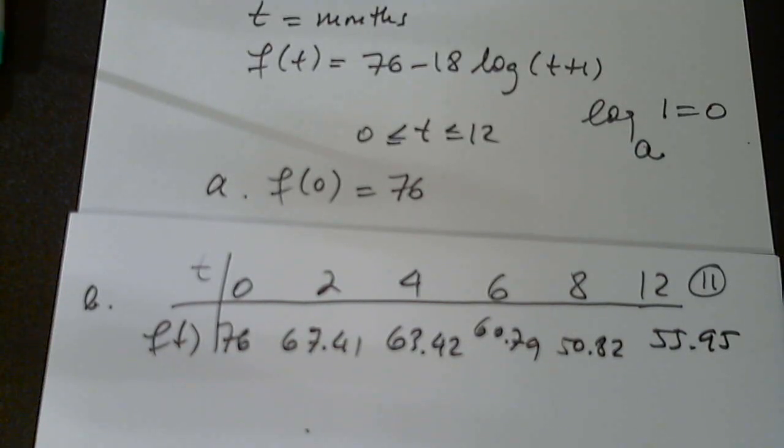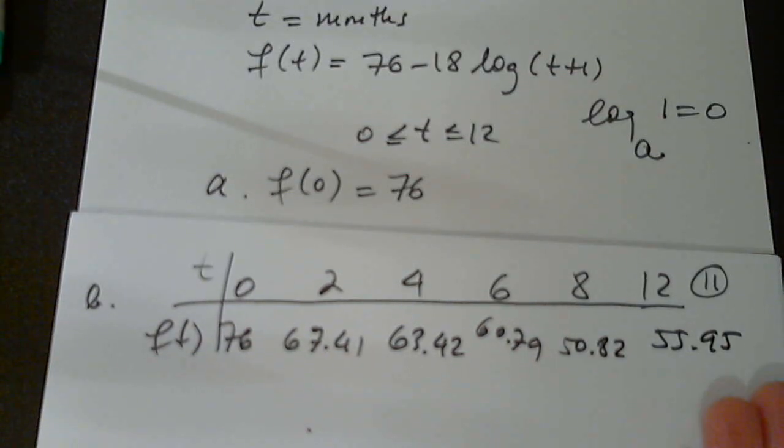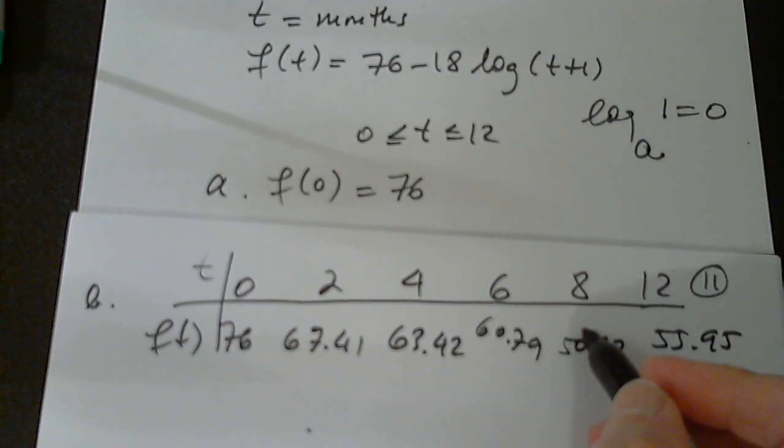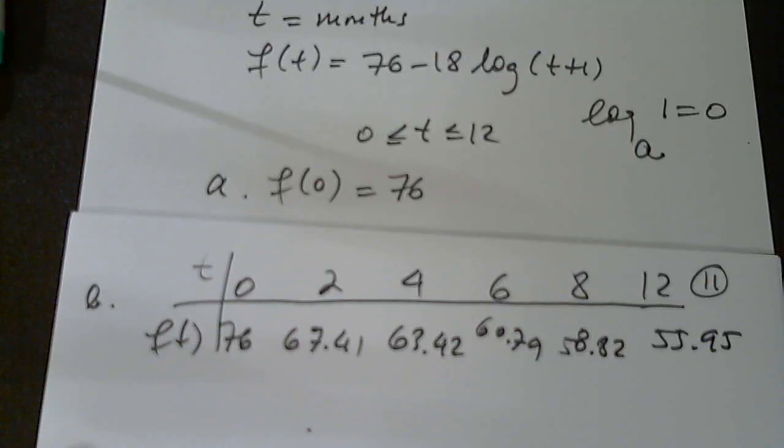So much easier from 76 to 67 to 63 to 60 to 50 to 50. No, no. 58. Okay, 58. Yes. So 76, 67, 63, 60, 58, 55. Okay, makes sense. Next question.